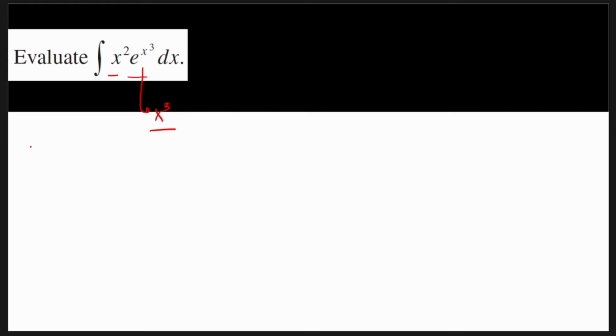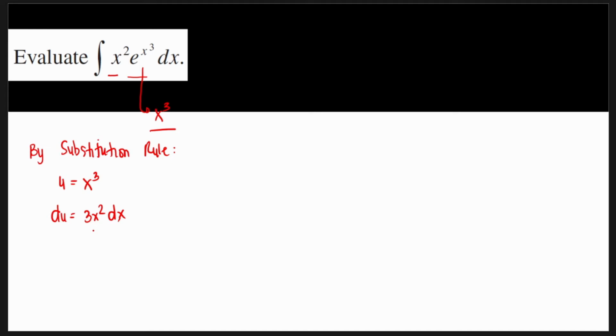To execute this, we need to do a substitution. We need to use another variable so that we can simplify the equation. Let's say that u is x cubed, and du is 3x squared dx.